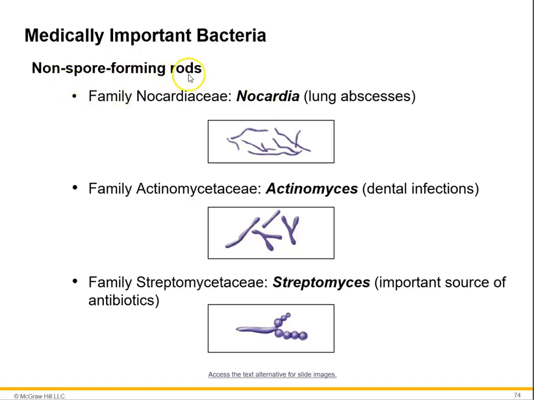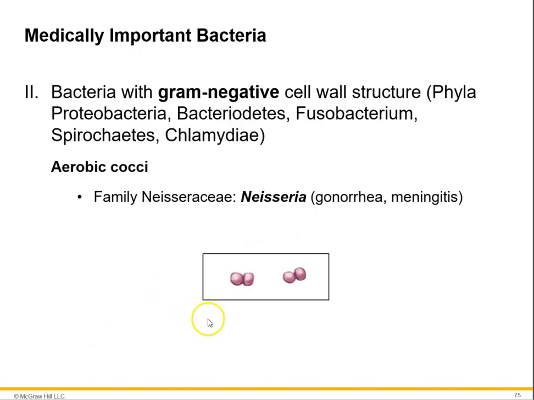More in the non-spore forming rods, we have Nocardia. This can cause lung abscesses, Actinomyces, which can cause dental infections, and Streptomyces, which is actually an important source of antibiotics. Okay, and then we're going to talk about gram-negative medically important bacteria.